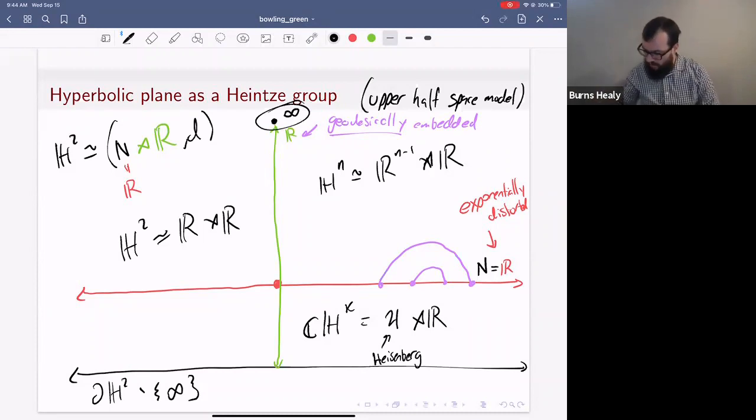Okay, and in all of these spaces, there is this preferred point at infinity, which is at the top of the upper half space model.